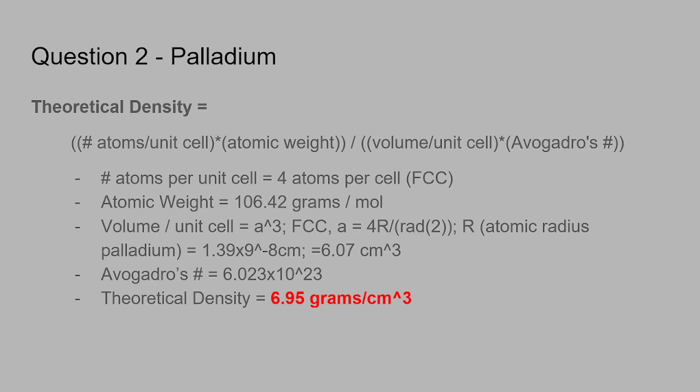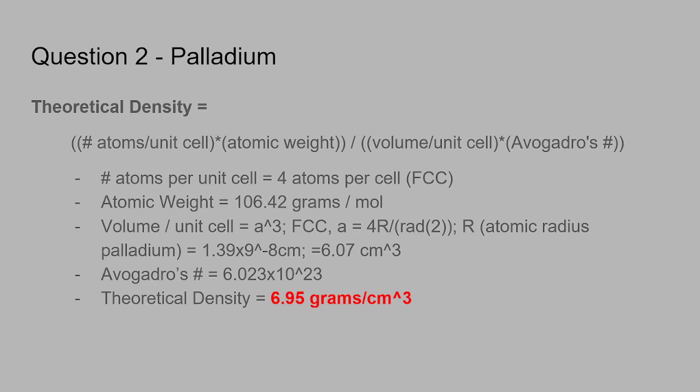The atomic weight for palladium is 106.42 grams per mole. The volume per unit cell is again a cubed, and in face-centered cubic structures, a is equal to 4 times the atomic radius divided by radical 2.